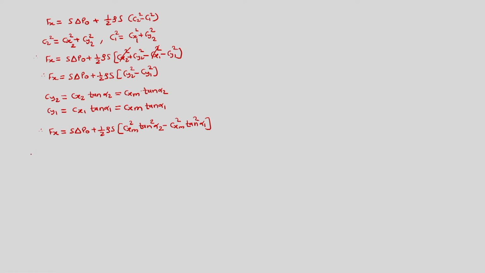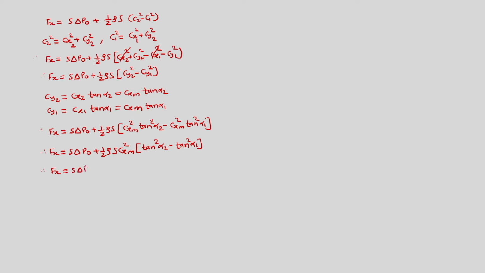So Fx is equal to S delta P naught plus half rho S Cxm square into tan square alpha 2 minus tan square alpha 1.